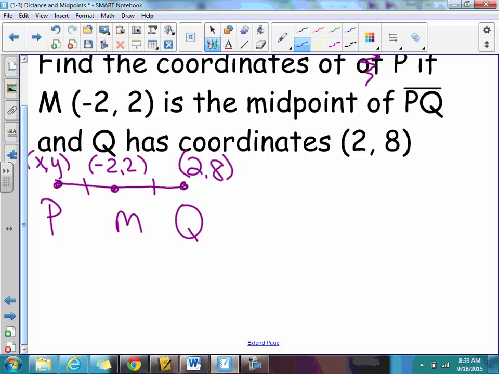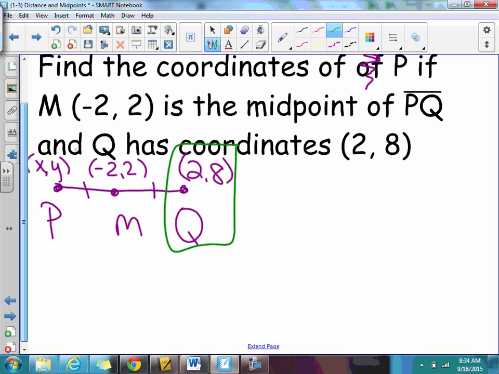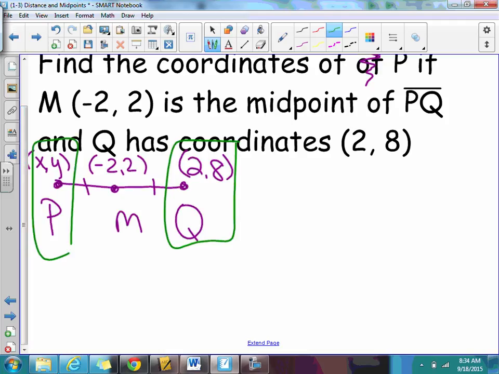So I'm looking at this. And I know I have a rule. My rule for finding midpoints is to average, right? And what do you average? You average the endpoints. What's the problem with my endpoints this time? You only have one. I only got one. Can I still average with variables? Why not? If I want to average my x coordinates, 2 and x, right?